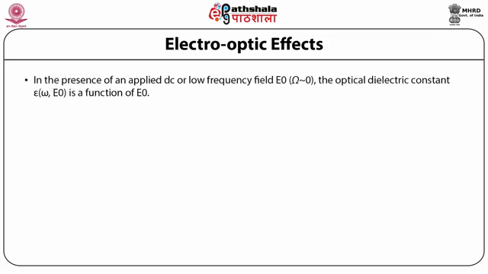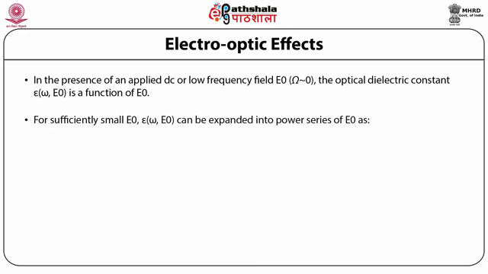In the presence of an applied DC or low frequency field, that is E naught, the optical dielectric constant epsilon(omega, E naught) is a function of E naught.